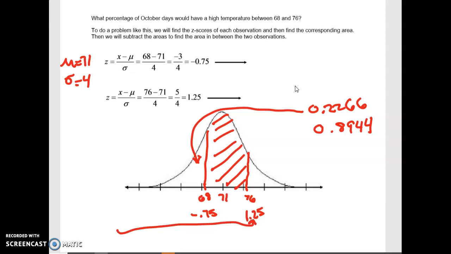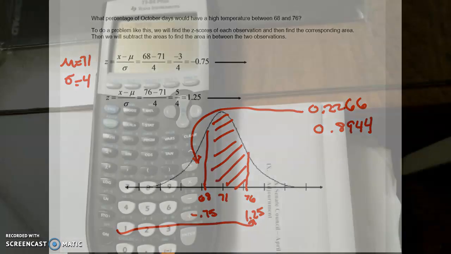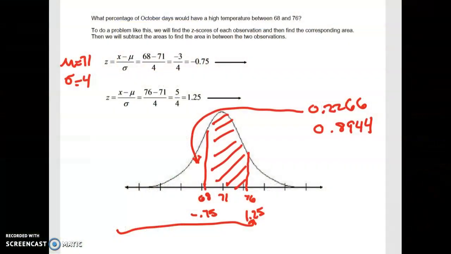So to get the area that's in between here, we're going to take the larger score and subtract off the smaller score and we'll be left with what's in between. So we're going to do, let me remember my values here, 0.8944 and 0.2266.